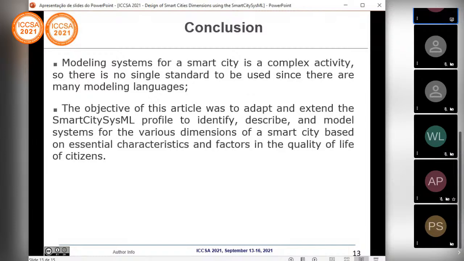Since there are many modeling languages, the objective of this article was to adapt and extend the Smart Cities ML profile to identify, describe, and model systems for the various dimensions of a smart city based on essential characteristics and factors in the quality of life of citizens.